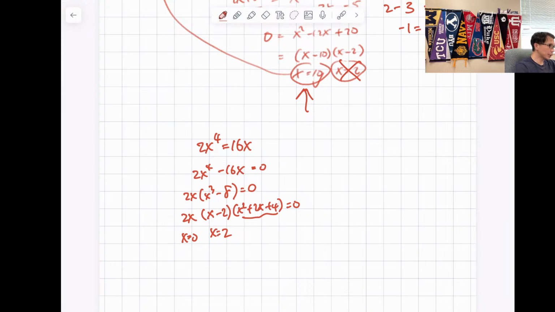Let me double check the answers here. 1.6. Not real answer, but if you want a complex solution, I'm going to show you how to do it. Yeah, they do want imaginary solutions.